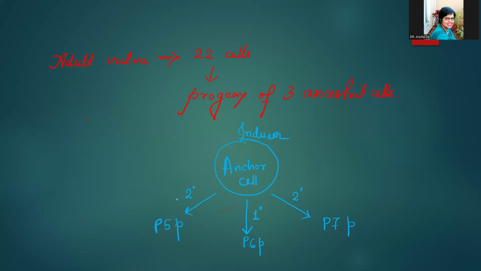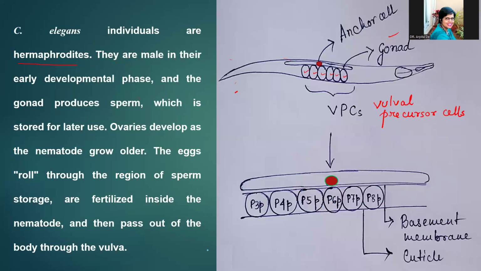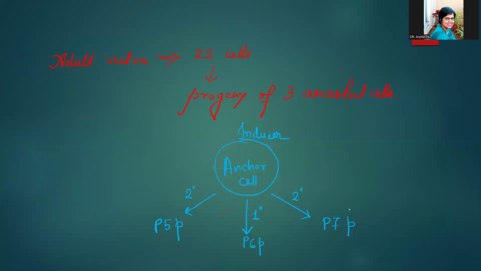As I've already told you, the vulval precursor cells are 6 hypodermal cells. You can see it from here. See? 1, 2, 3, 4, 5, 6. 6 hypodermal cells numbered P3.p through P8.p. And these 6 cells form the equivalence group.